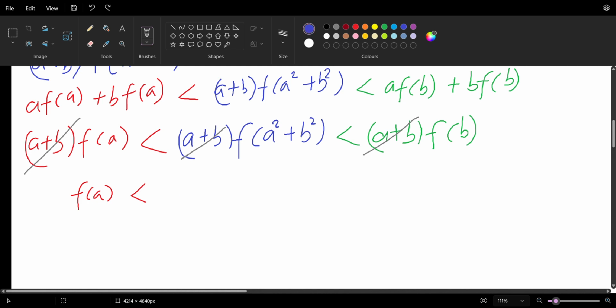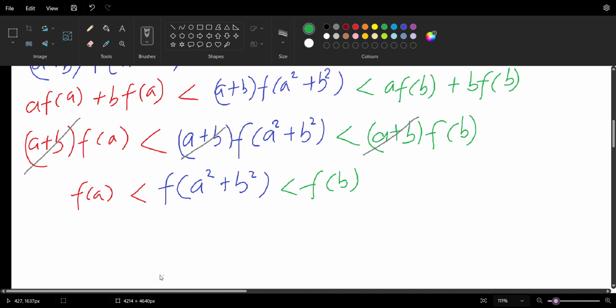Finally, something much shorter for me to write. Oh, the laptop was lagging for some reason I don't understand. All right, so this is the inequality.